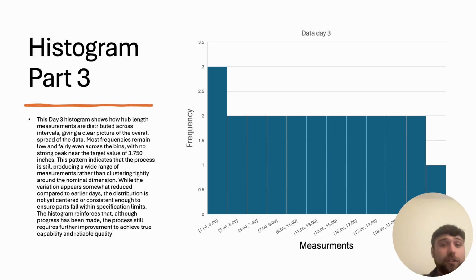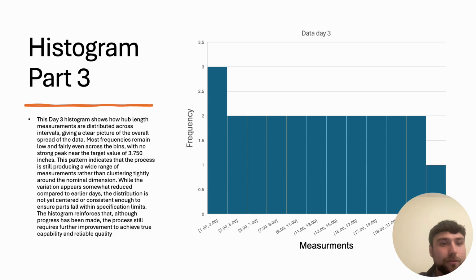So this is my histogram data for day 3. The day 3 histogram shows hub length measurements distributed across intervals, giving a clear picture of the overall spread of data.